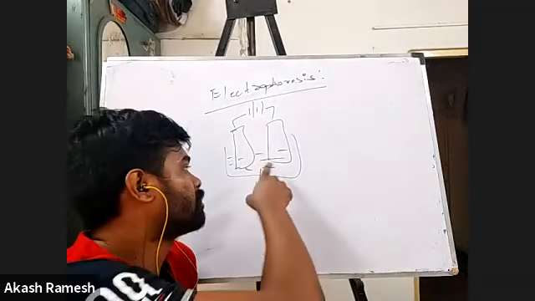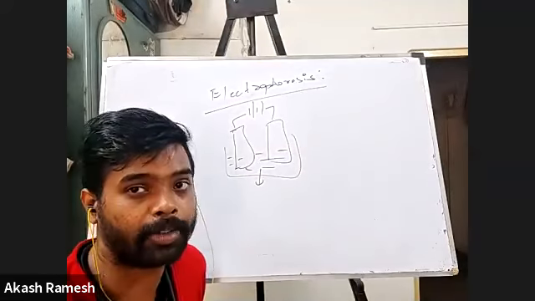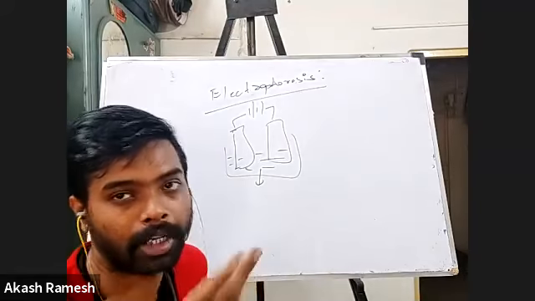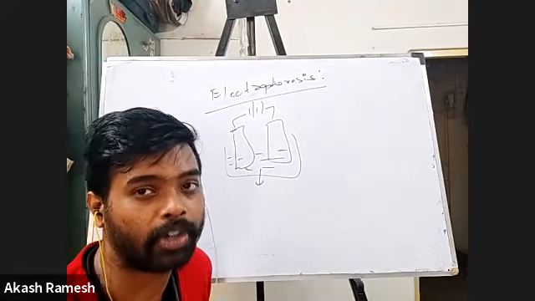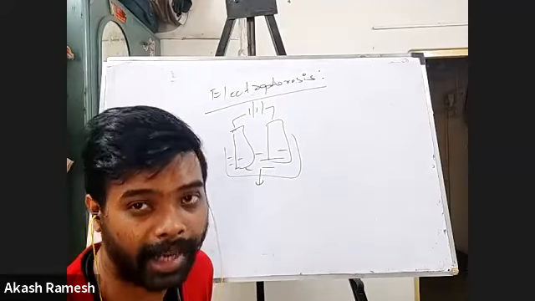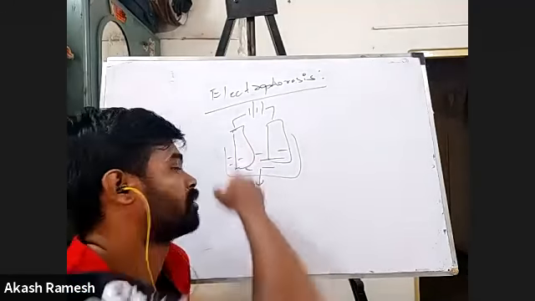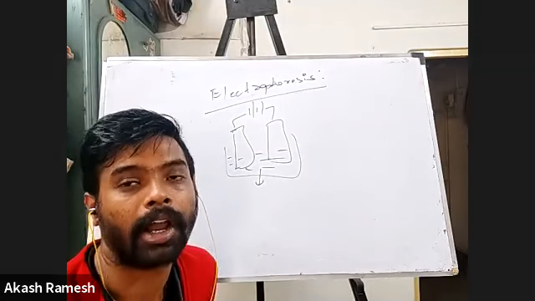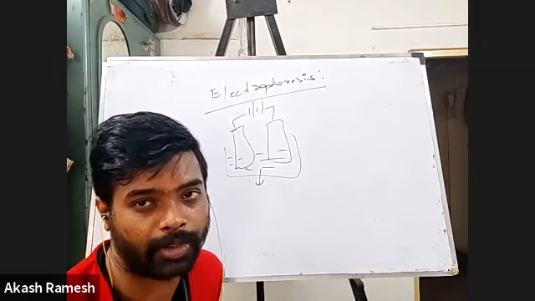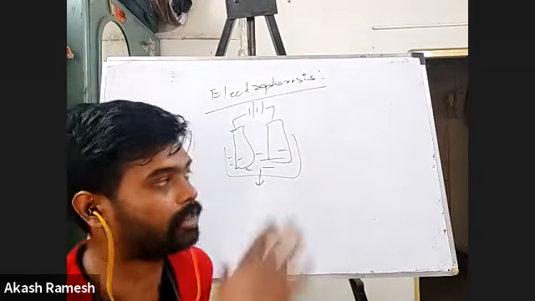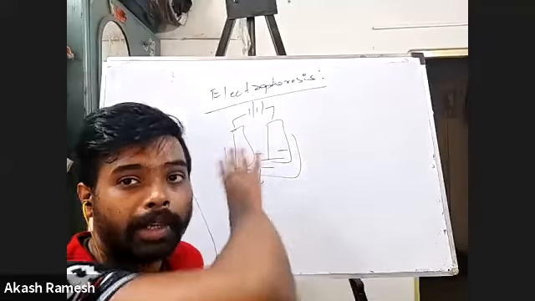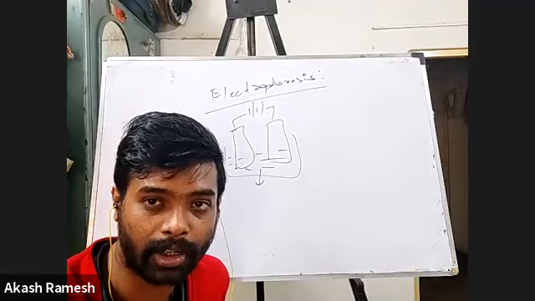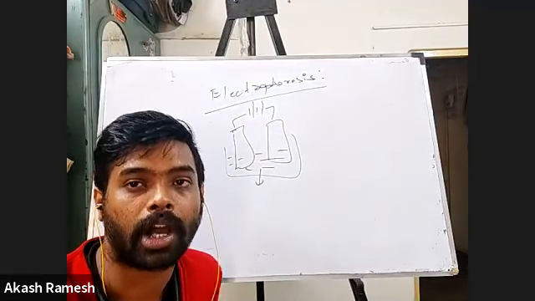So depending on the charge possessed by the colloidal particles, the direction of movement will be different. If it is positively charged, it is going to move towards the negative electrode. In this case, the negative electrode is here. And if it is negatively charged, it is going to move towards the positive electrode. This is an electric field which is applied. Because of the charge possessed by the colloidal particles, if you apply an external field, they will start to move.